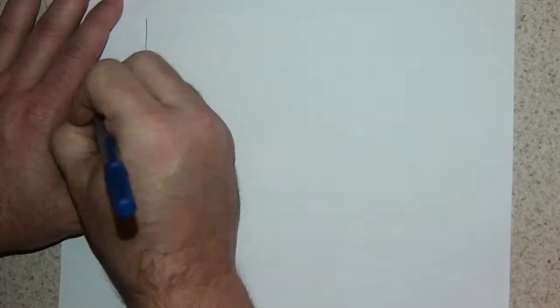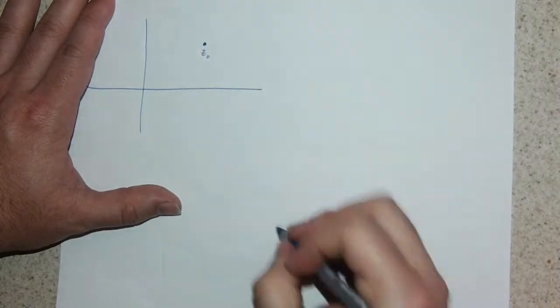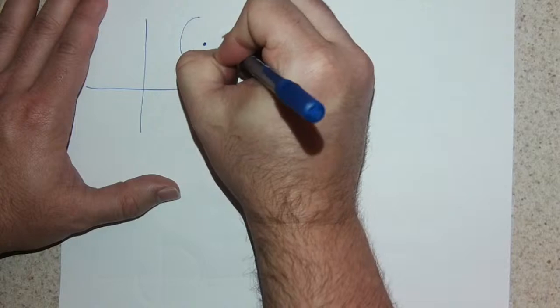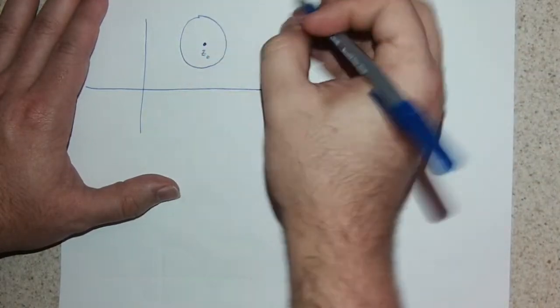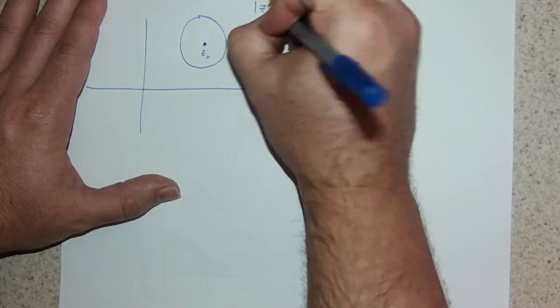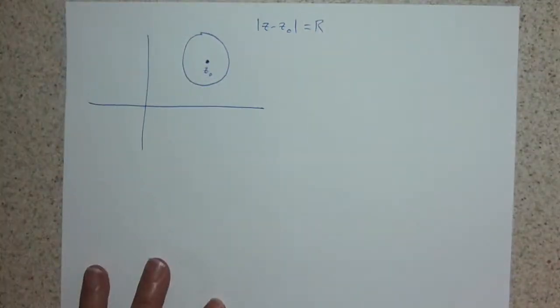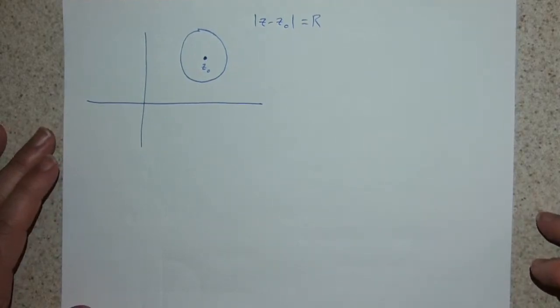Maybe I'll get another piece of paper here. So let's say here's my complex number z naught. Here is a circle of radius r centered at z naught. So here's my way of writing that equation using this notation that we talked about yesterday.